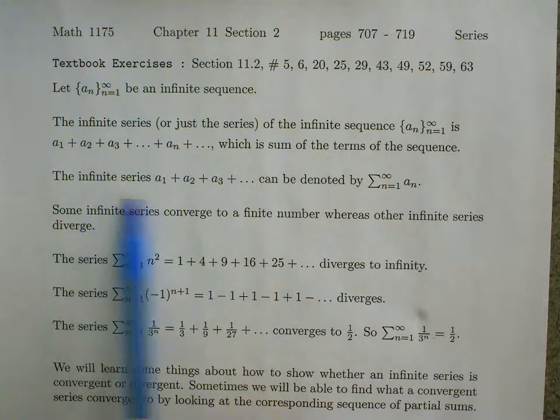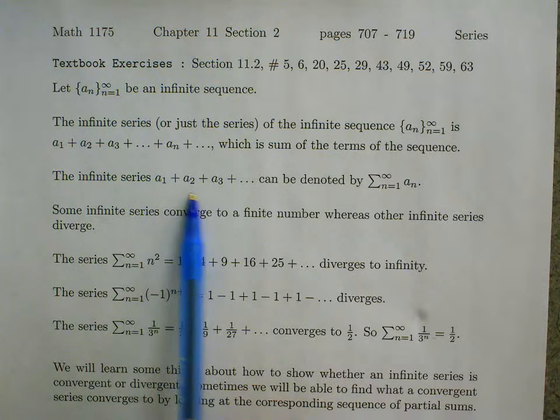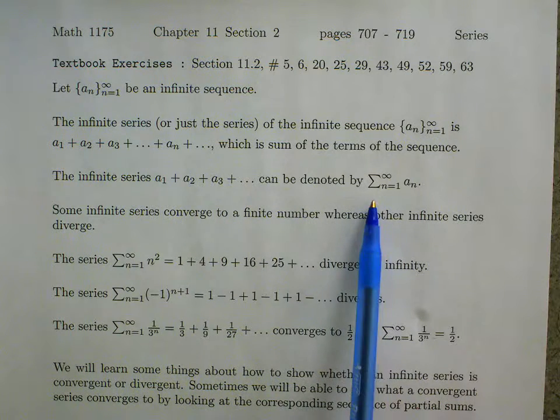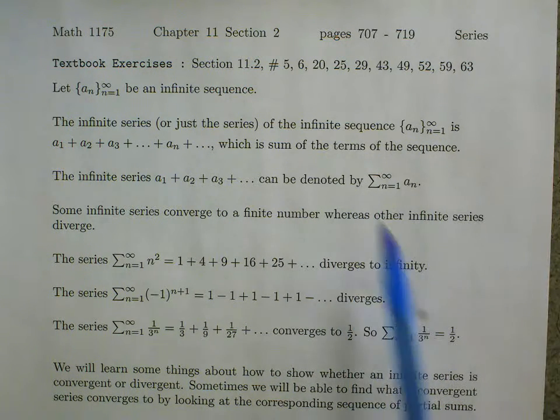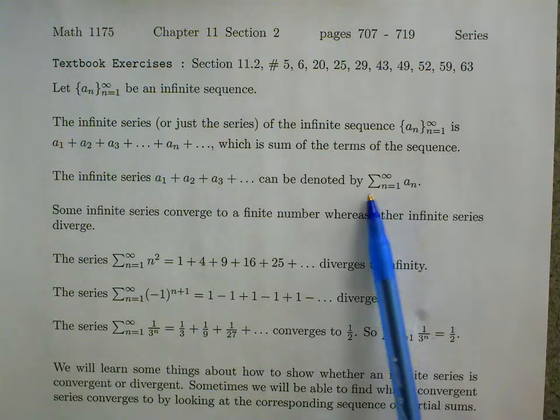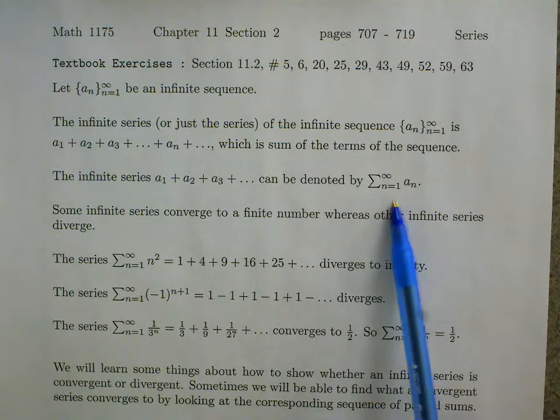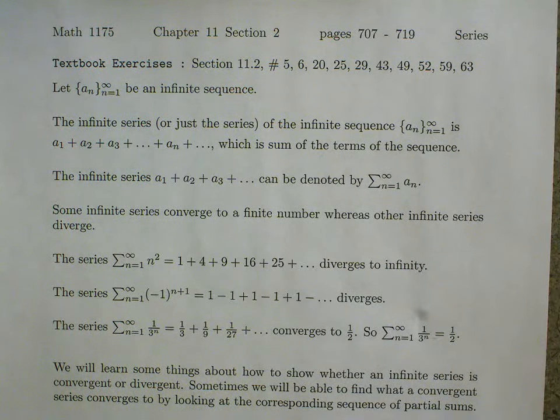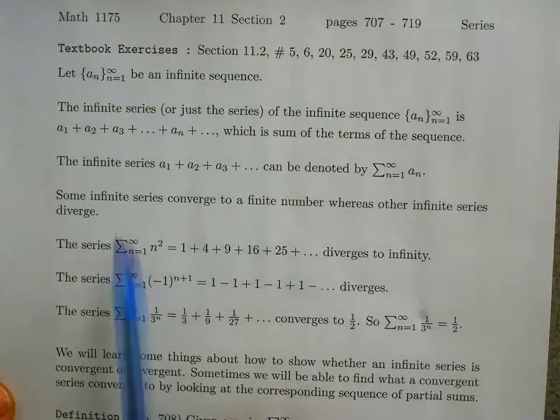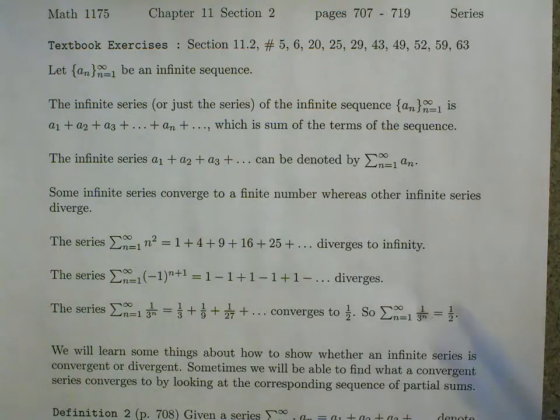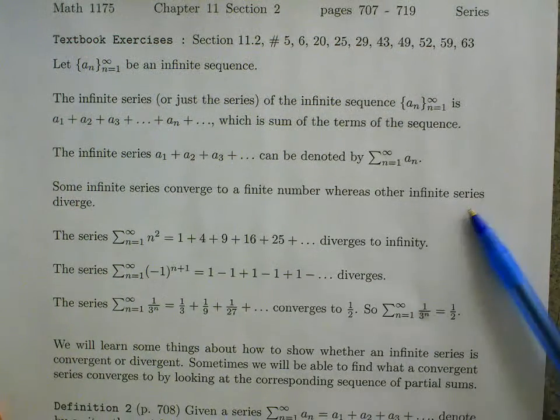Okay, so the infinite series, a sub 1 plus a sub 2 plus, and so on, can be denoted using the sigma notation. This just means we're adding the a sub n terms as n ranges from 1 to infinity. Some infinite series converge to a finite number, whereas other infinite series diverge.